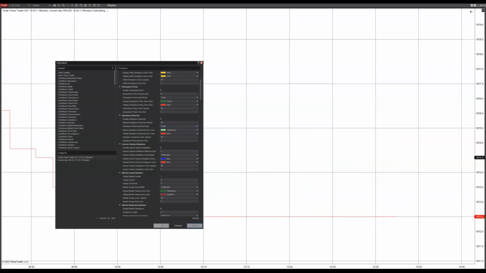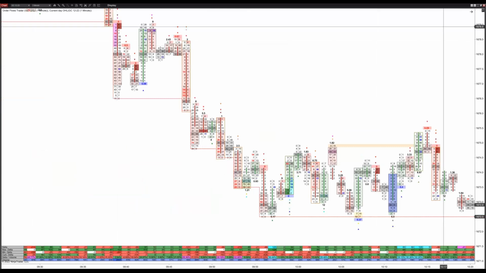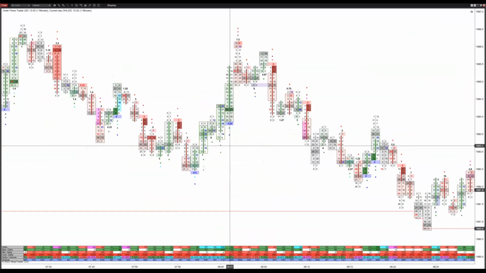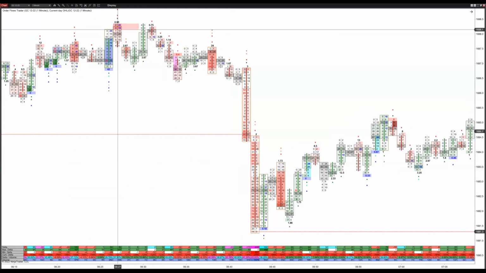And I know earlier here in the crude there was one that came in. Where was it? Right here. This is an inverse imbalance.